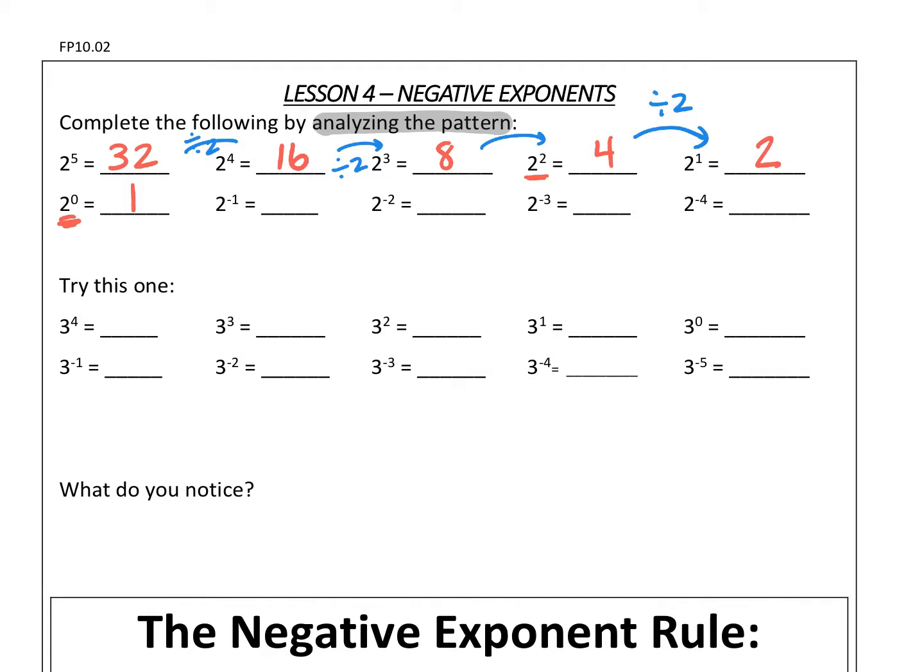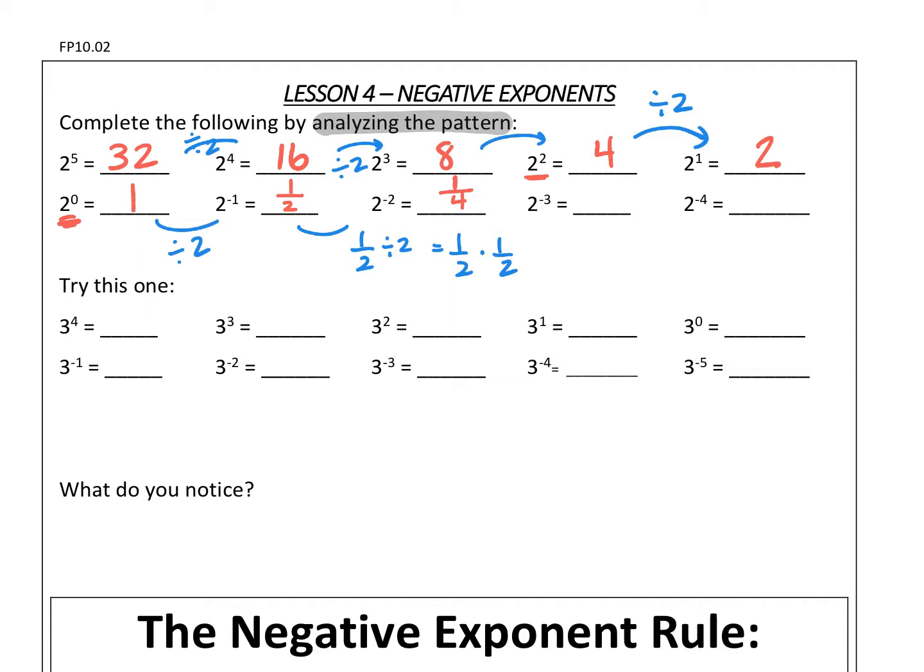Now, if I divide this by 2, 1 divided by 2 is a half, but we're going to leave them as fractions, okay? And then now this is going to get a little bit trickier, a half divided by 2. So remember that a half divided by 2 is the same as a half times 1 over 2, which is 1 over 4. Okay, and then 2 to the negative 3.